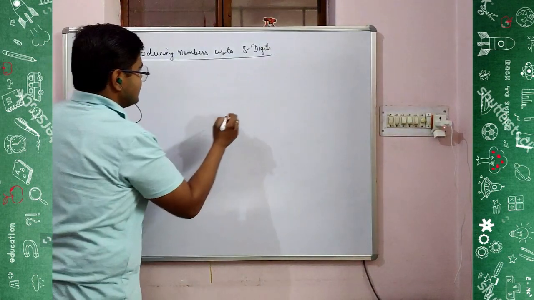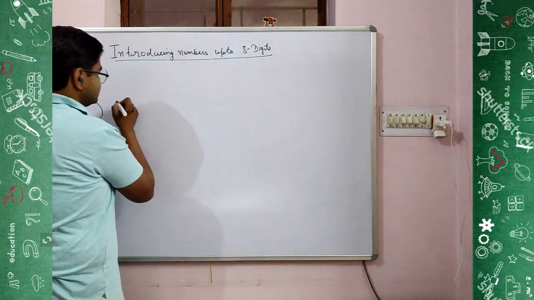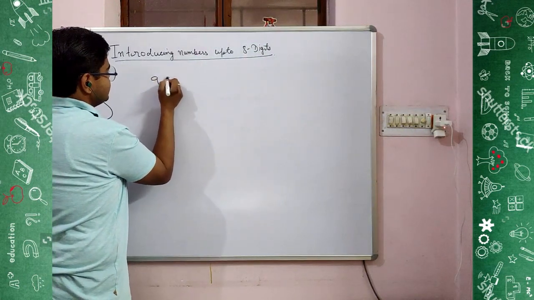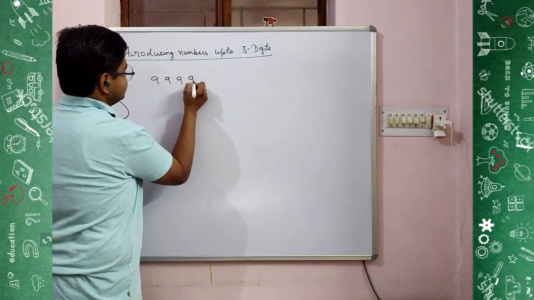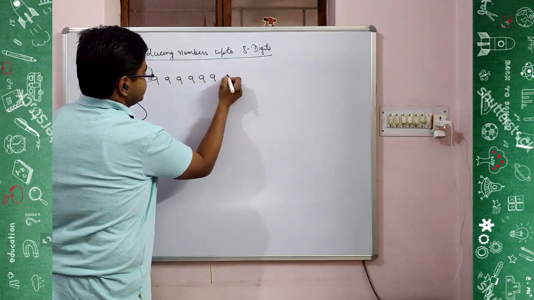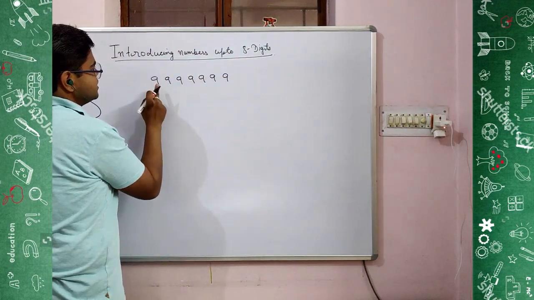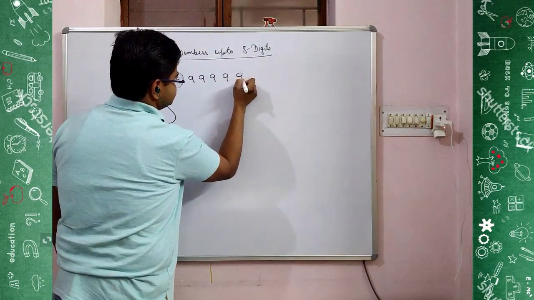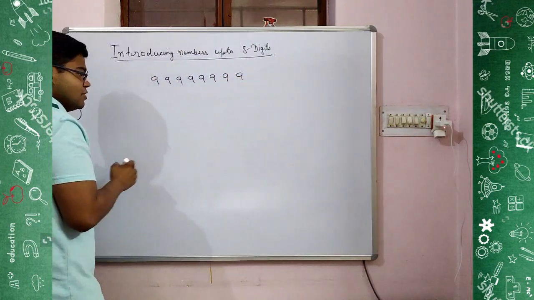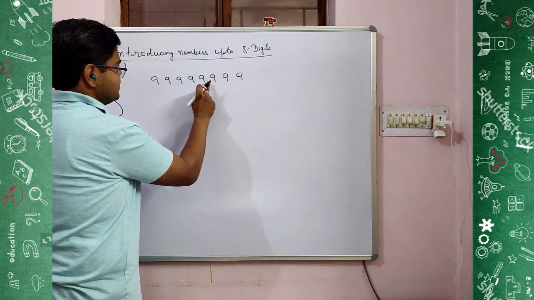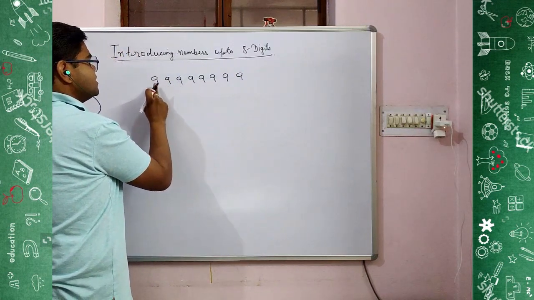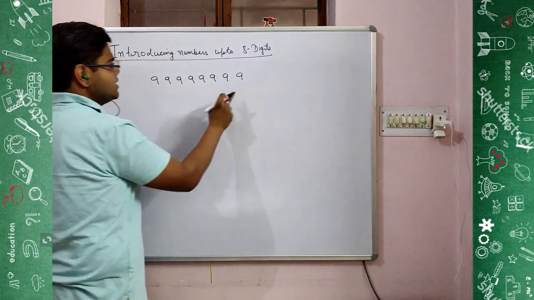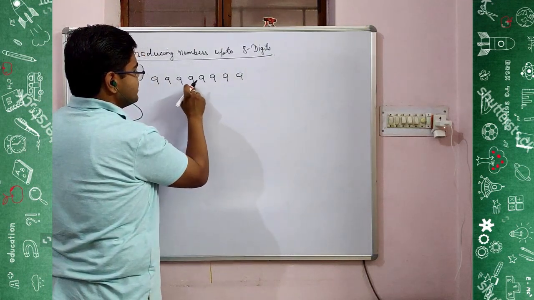Now, suppose I had a number 9999999. How many digits are here? 1, 2, 3, 4, 5, 6, 7. Let us add one more digit. So this number will be ones, tens, hundreds, thousands, ten thousands, lakh, ten lakh, crore. How many digits are here? 1, 2, 3, 4, 5, 6, 7, 8.